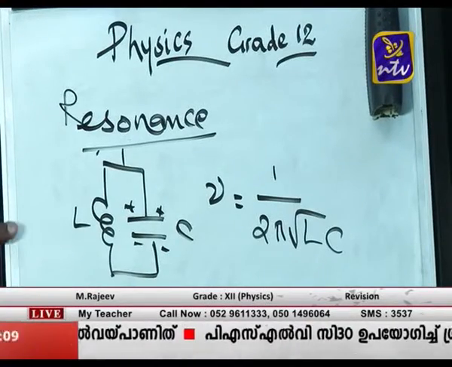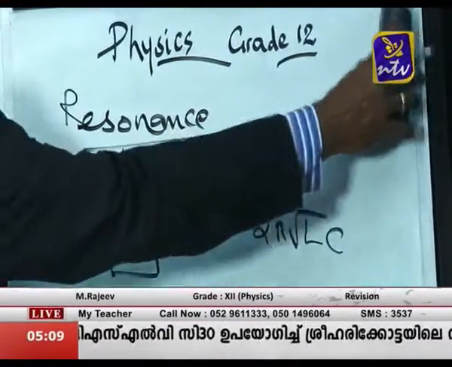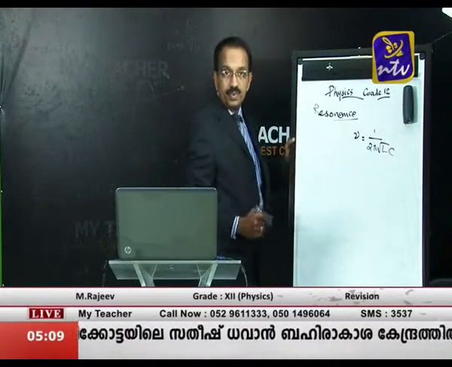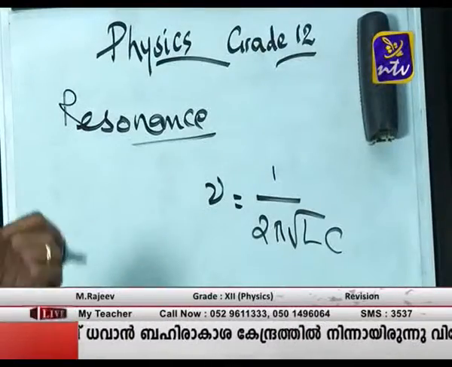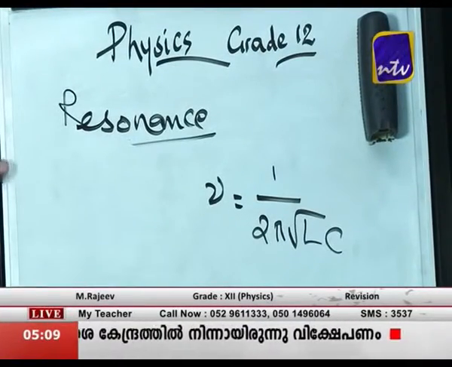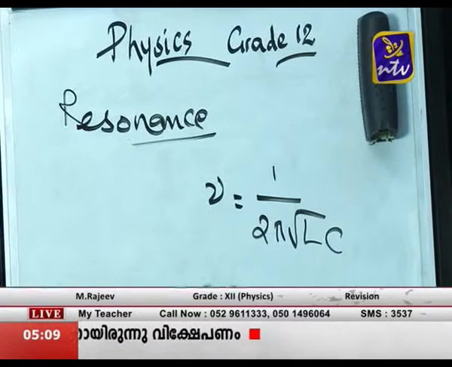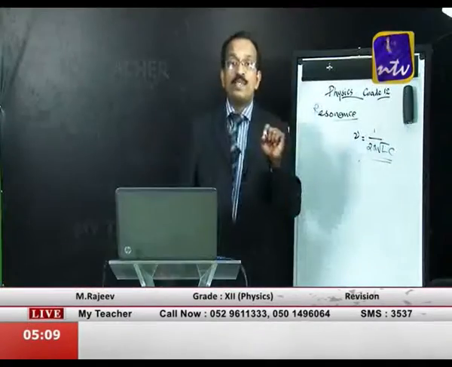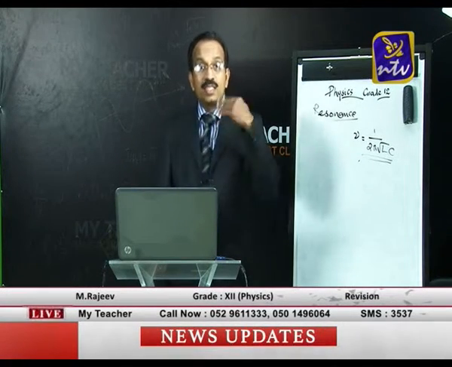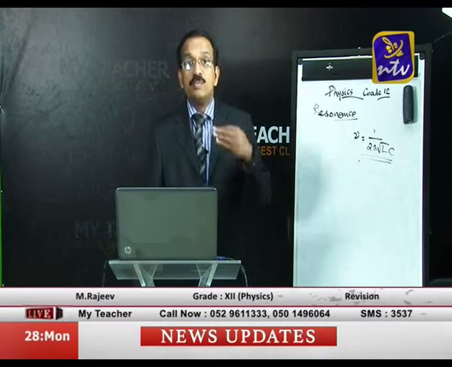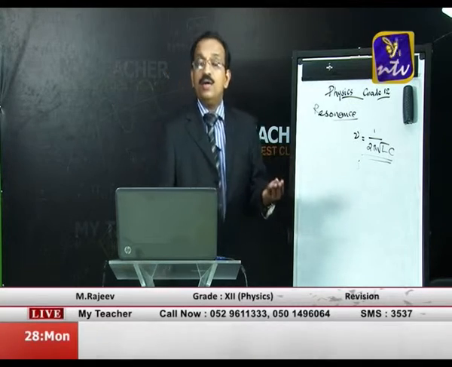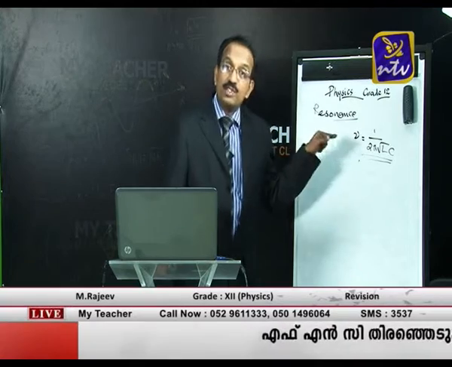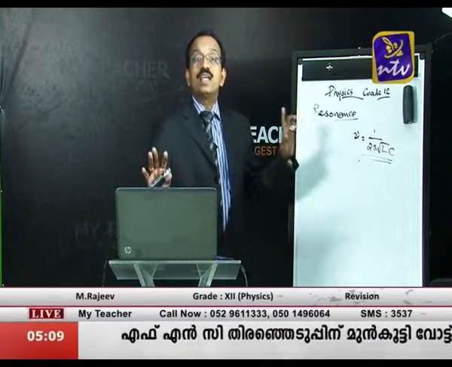Suppose we are providing AC. Now we have an LC circuit, and we are supplying a voltage to it. If that voltage is also of frequency 1 by 2 pi root of LC, that is, an AC voltage is supplied to the circuit of the same frequency as the frequency of the LC circuit, we say it is at resonance.